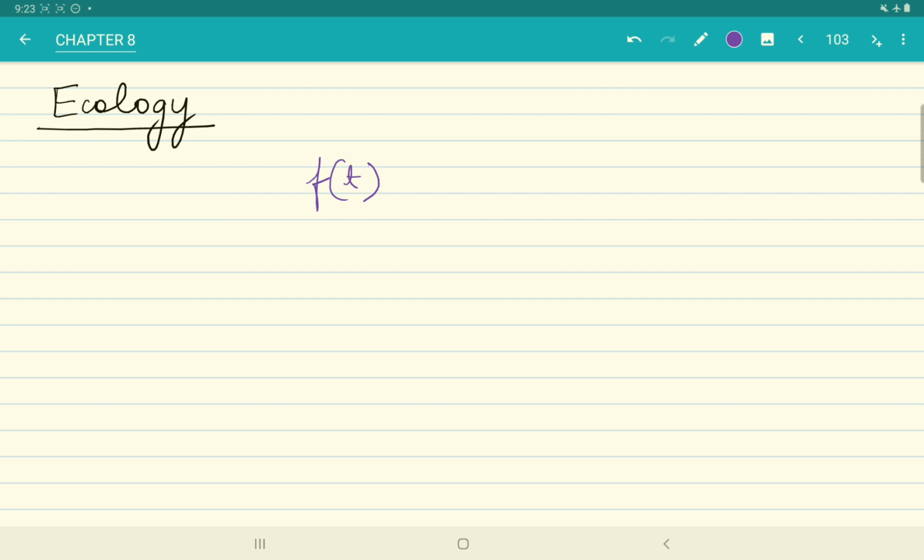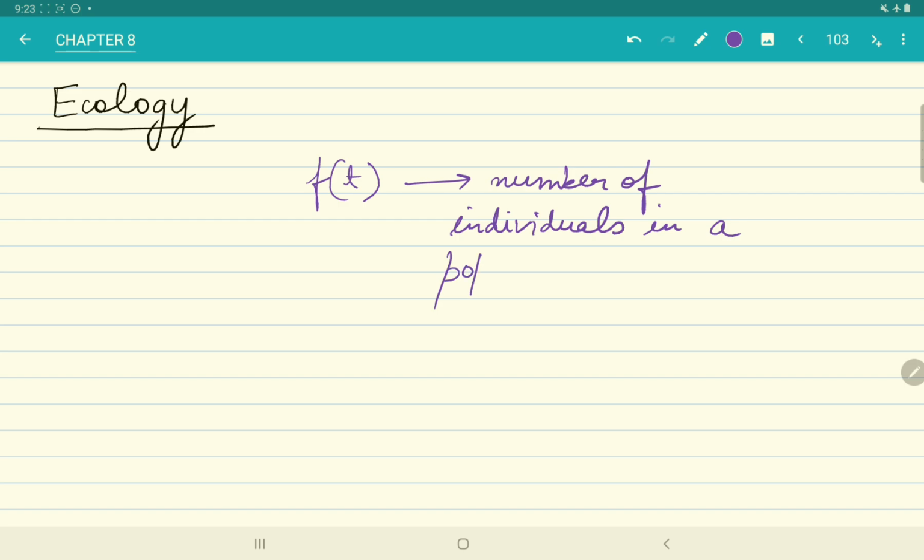And we are concerned about f of t, and f of t is the number of individuals in a population at time t. As I said, the population could be a particular colony of bacteria. The population could be the polar bears in the Arctic. The population could be anything.